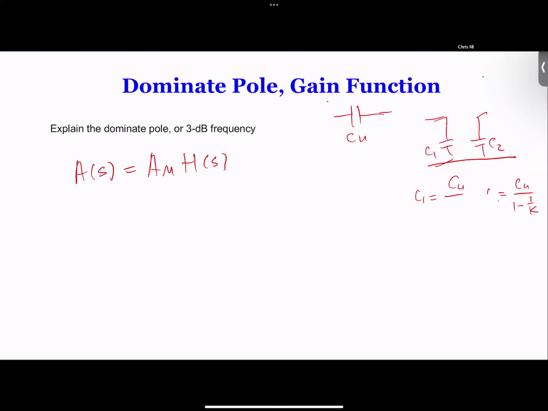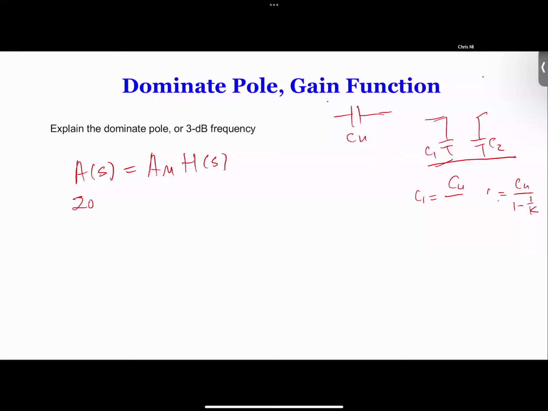The A_M represents your midband gain, and H(S) represents your frequency-dependent response. When frequency is low, H(S) is basically equal to 1 in magnitude, so it's just midband. But when frequency is higher, it starts to drop. At some point, you get the 3 dB frequency, and then you further drop, and so on. But if you have zeros, at some point it will get flat again, right? So we found that you can write this H(S).